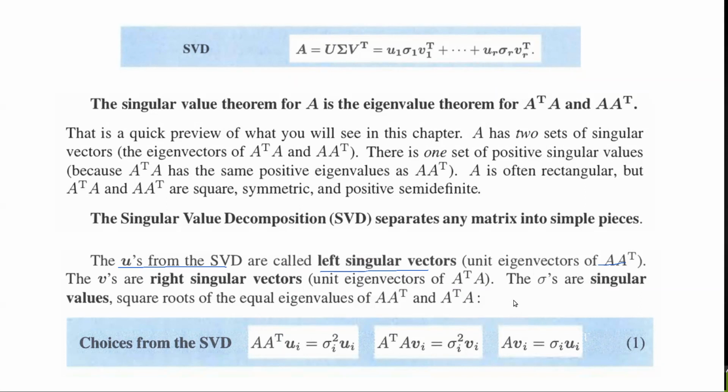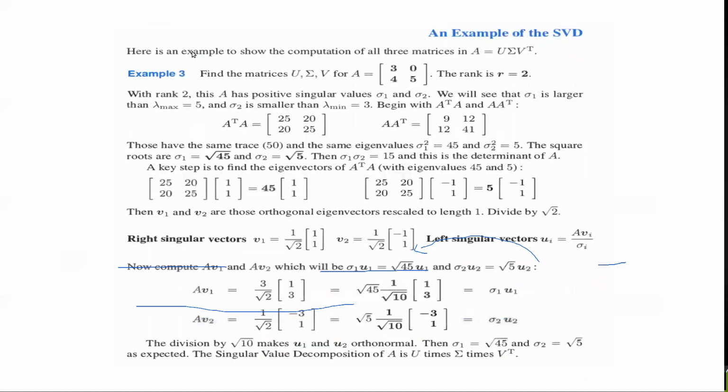At least for the vectors it is almost the same. We'll see an example. But then the singular values actually are just the square roots of the eigenvalues of A transpose A and A A transpose, okay? So this is how we decompose A using the SVD.